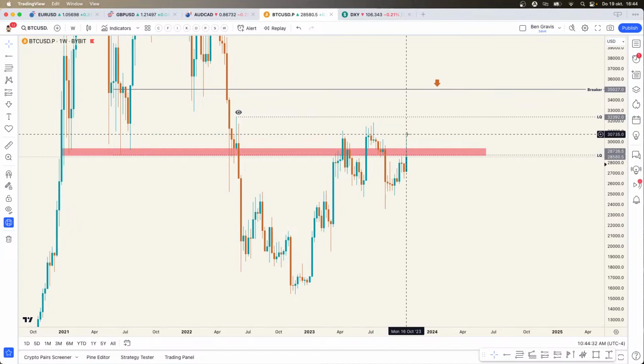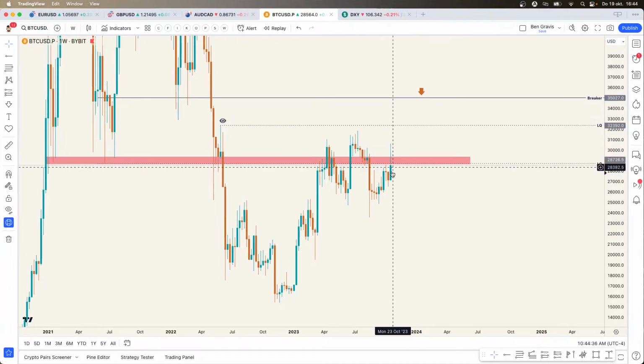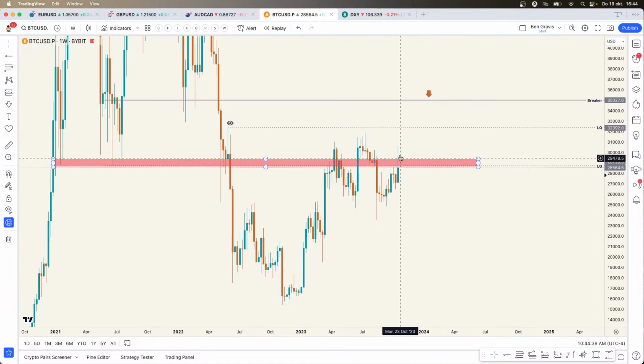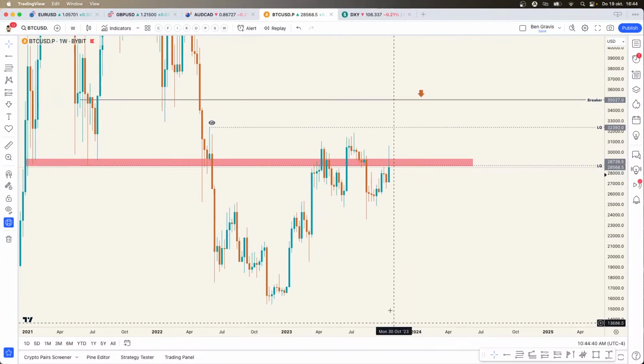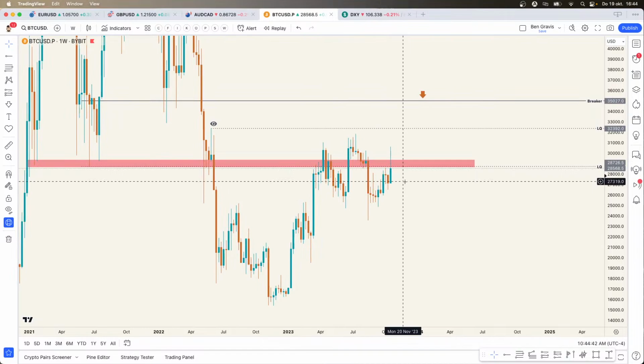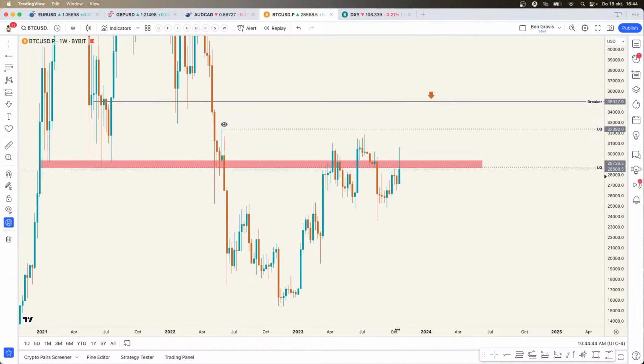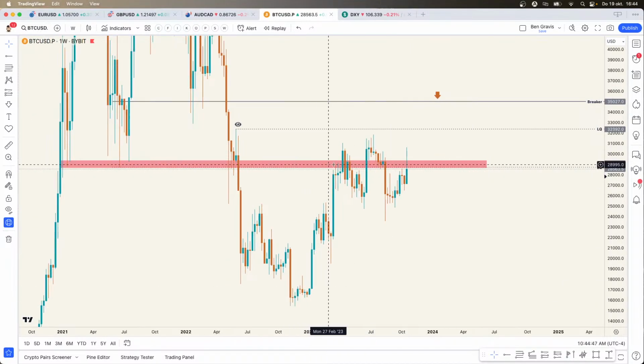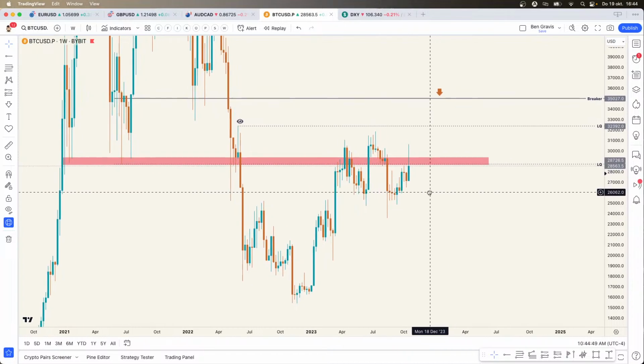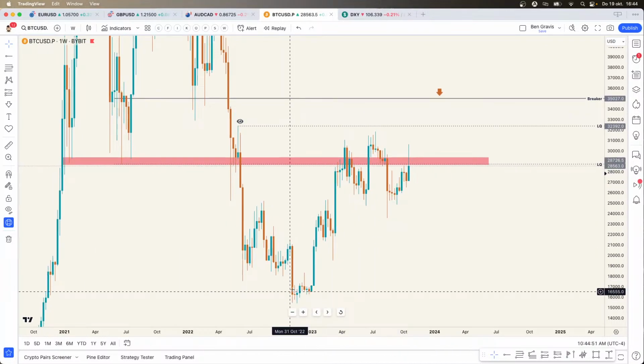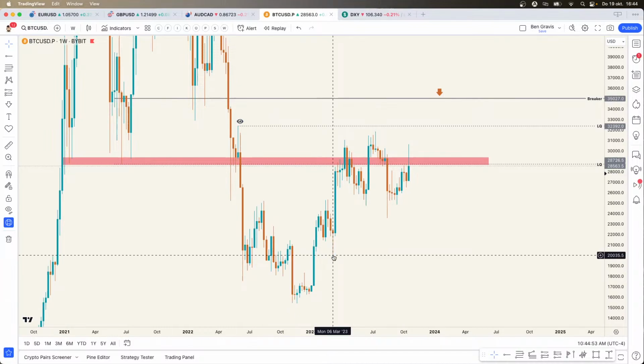The weekly, quite bullish. Also, if we do end this like this, that's quite bullish, if we stay like that. The rejection, though, cannot be denied. Market structure, you have the higher low, the higher low.